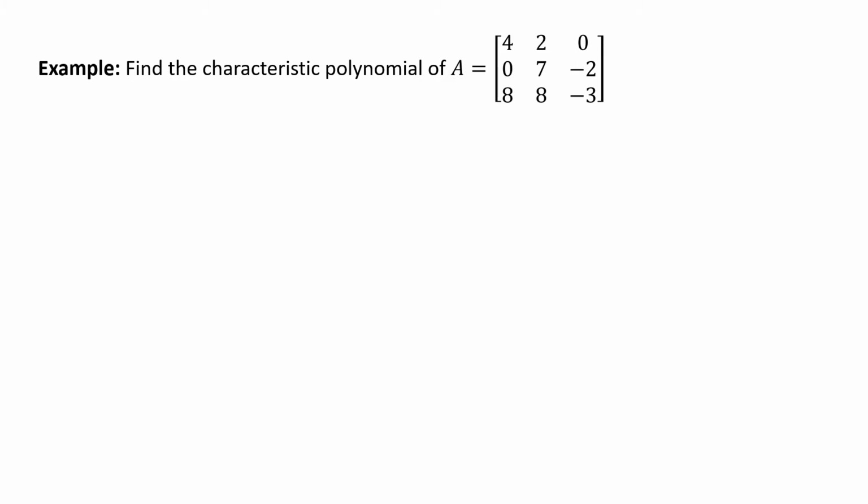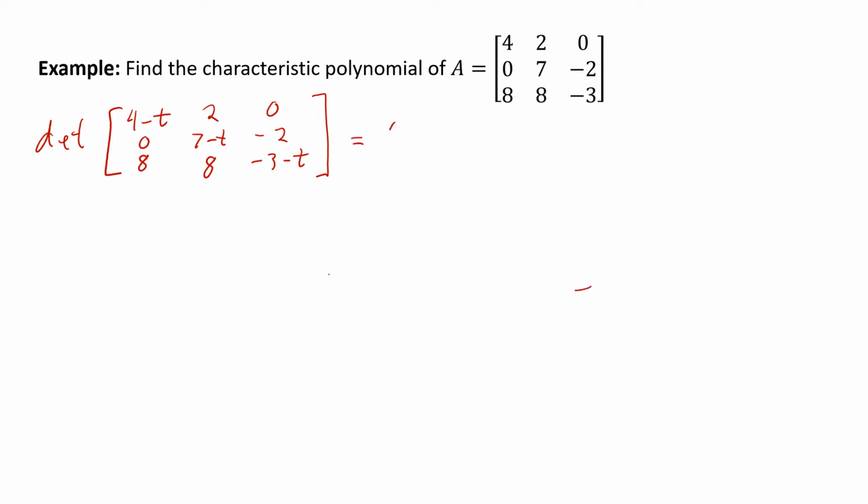So what about the characteristic polynomial of this one? Well, if we do this one, we're looking for the determinant of 4 minus t, 0, 8; 2, 7 minus t, 8; 0, negative 2, and negative 3 minus t. Now, when we're looking for the determinant of this, we can use the cofactor expansion.